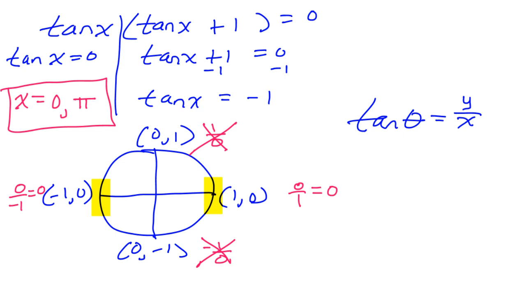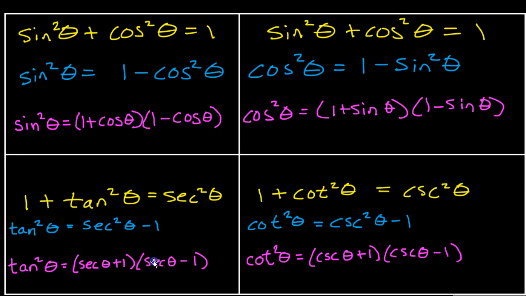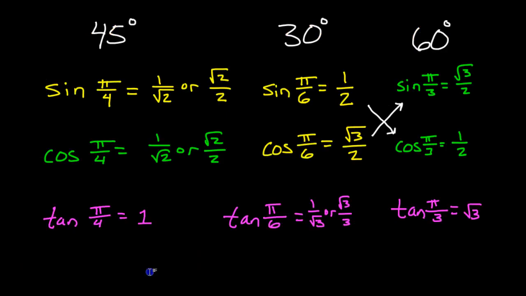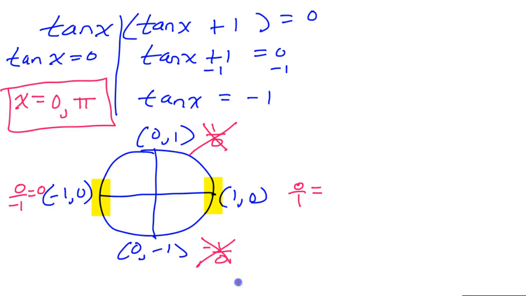Now let's look at tangent of x is equal to negative 1. What is the reference angle? Tangent, we'll ignore the negative for a moment. Tangent of what angle is equal to positive 1? Well, that's going to be pi over 4. Oh, that's the wrong chart. Tangent of pi over 4 is 1.